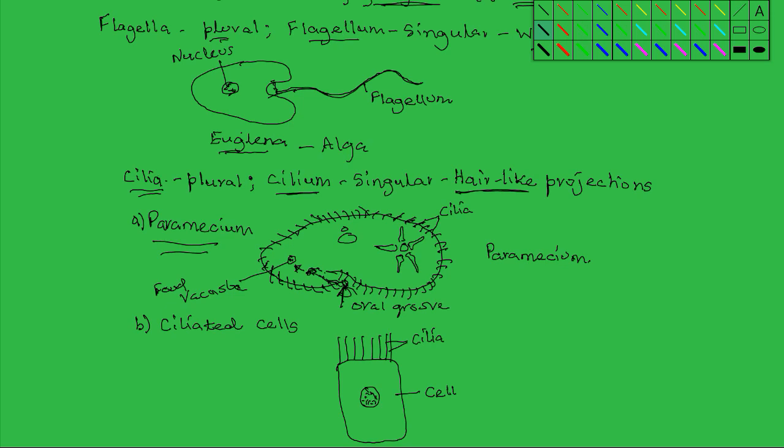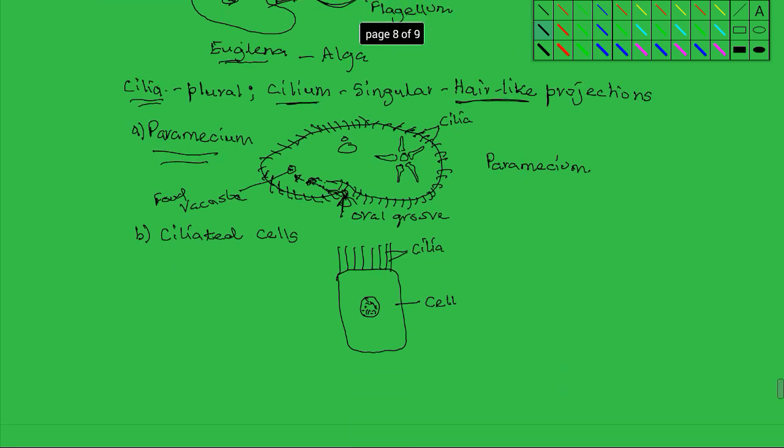Cilia are also found in the body cells of multicellular organisms like mammals. That includes human beings. There are certain cells in our bodies that contain cilia. Such cells are said to be ciliated. They are found in certain regions of our body, such as along the trachea.